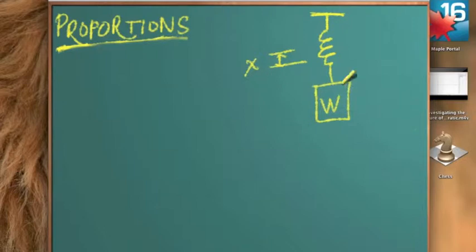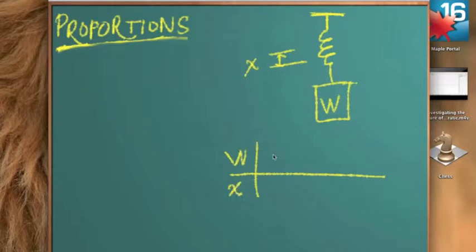But if you change W, if you make W twice as large, so suppose I make here a table now of W and X, okay? So this is in let's say grams, and this is in centimeters.